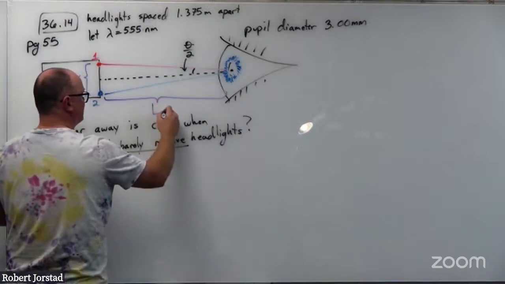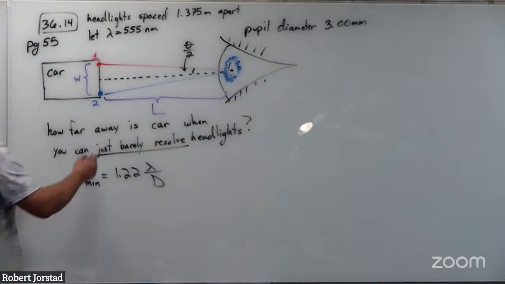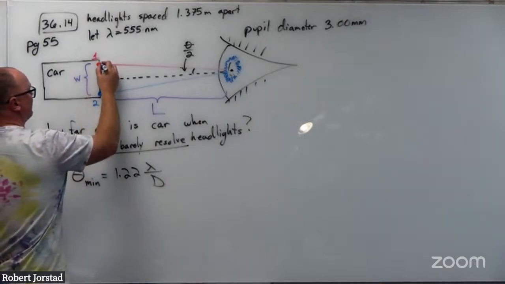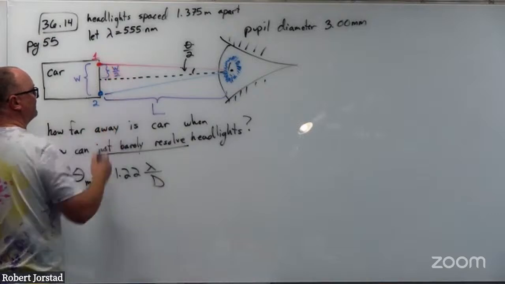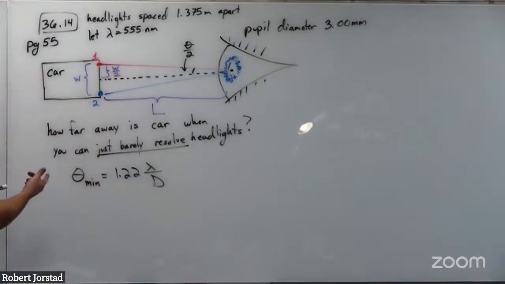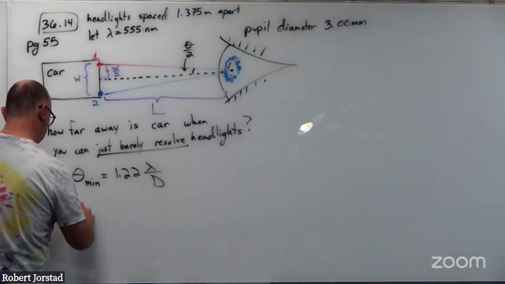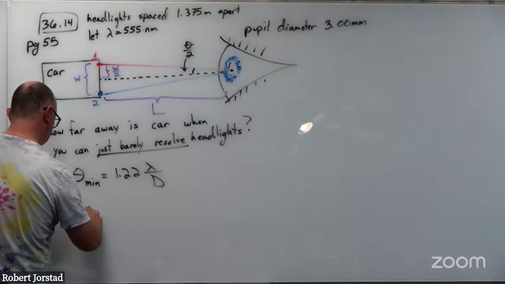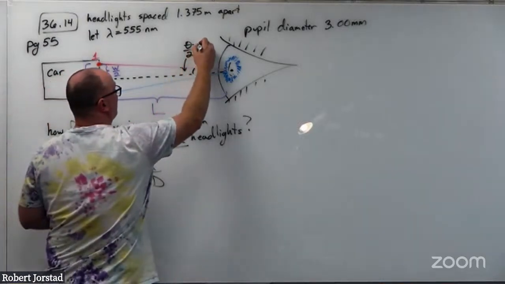What we're trying to find in this problem is the distance away. So I'm just going to call that L. And I will point out that this distance right here is not W, but W over 2. And so I'll take the tangent of theta over 2. And I guess this is theta minimum because we're trying to find the minimum here.